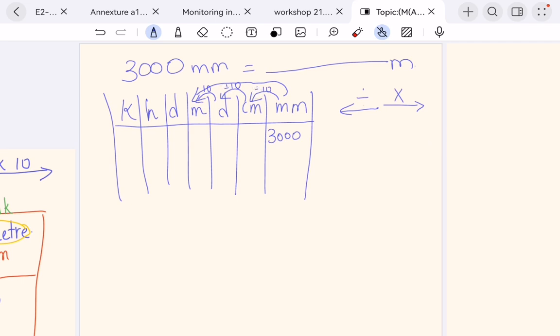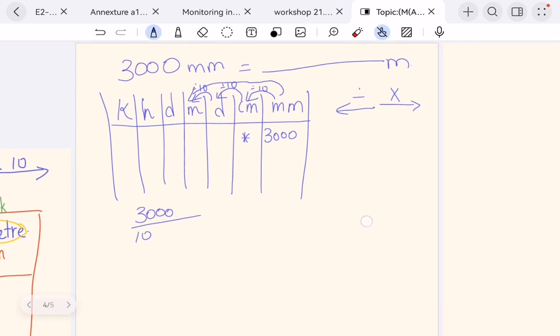So every time I move to the left, I must do division by 10. I will take my 3,000 divided by 10, then divided by another 10, and another 10, which means that we've got 3,000 divided by 1,000.